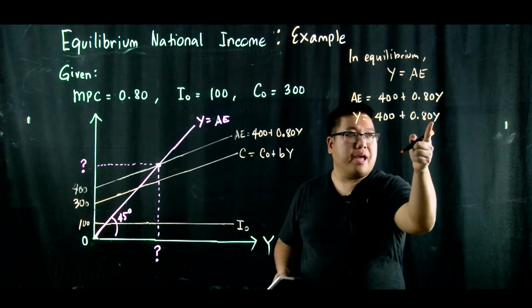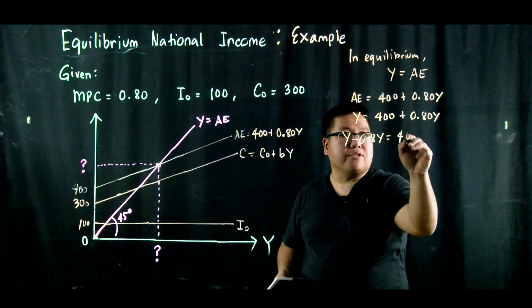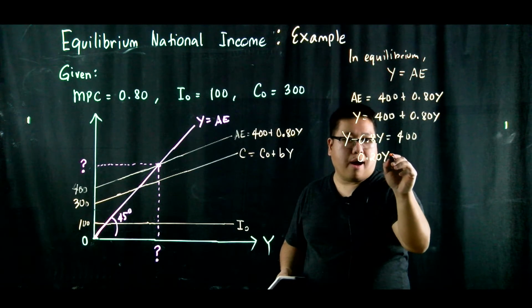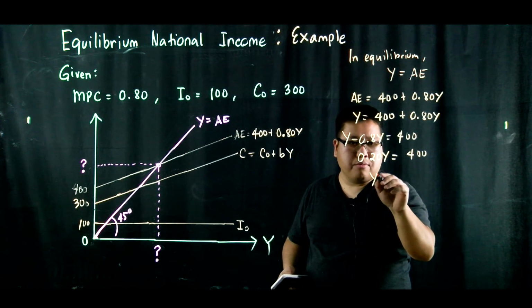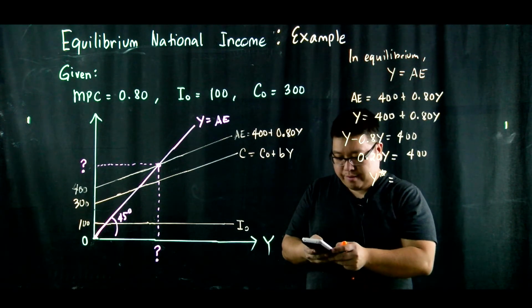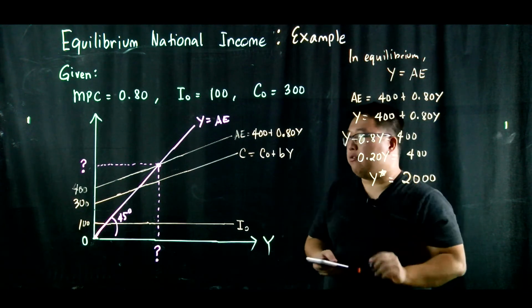We move this 0.8Y to the other side. Y minus 0.8Y equals 400. And that is 0.2Y equals 400. We divide both sides by 0.2, and Y star is equal to 400 divided by 0.2. And that should give us 2,000.